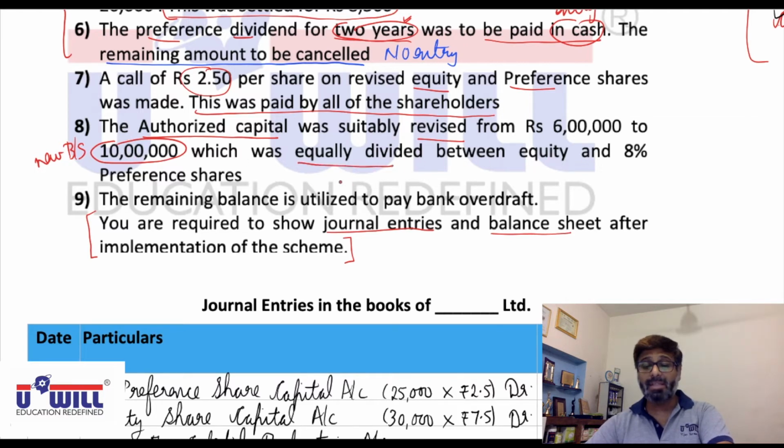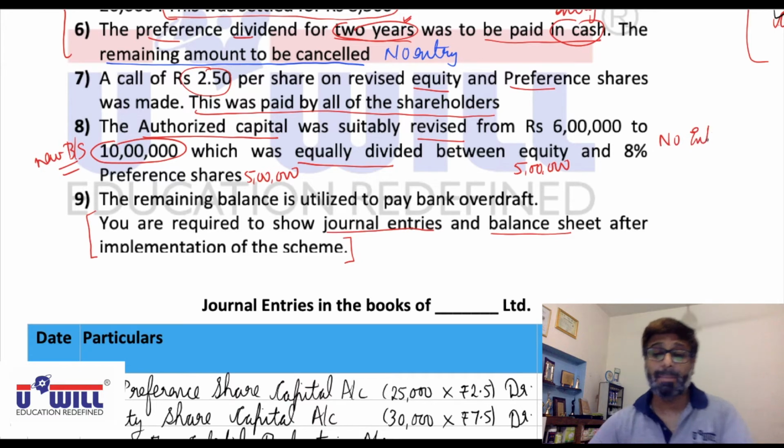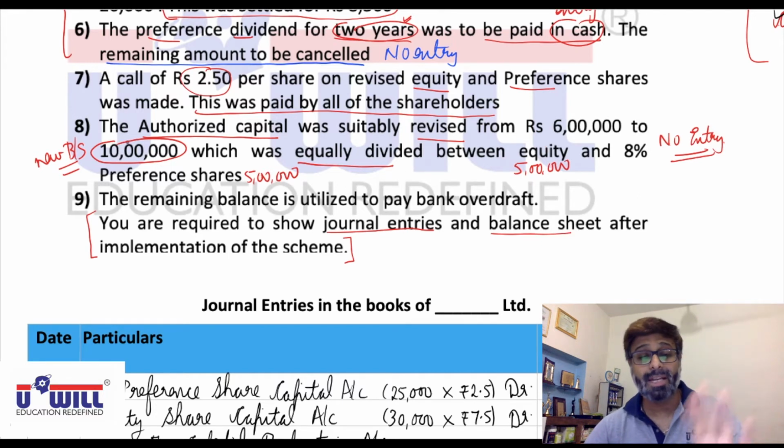Equally divided means out of 10 lakhs, 5 lakhs of equity and 5 lakhs of preference. But this will come in balance sheet. It has no relevance in journal entry. When we make the balance sheet, we'll write 5 lakhs of equity share capital, 5 lakhs of preference share capital, total 10 lakhs of authorized capital, only in balance sheet, no relevance in journal entry.